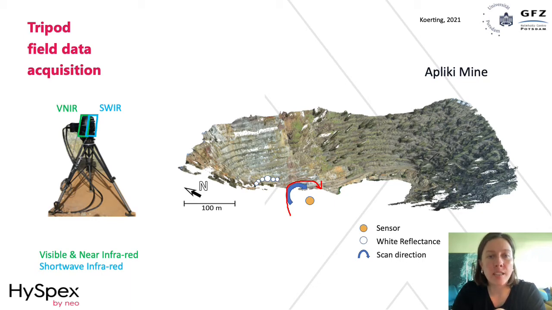Here you can see that our sensor was placed around 100 to 150 meters from the mine face, depending on where on the mine face you're looking. This results in pixel sizes of roughly 15 centimeters to maybe 3 to 4 centimeters, depending on how close the sensor is to the object.